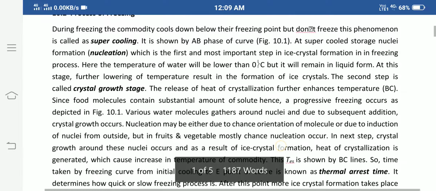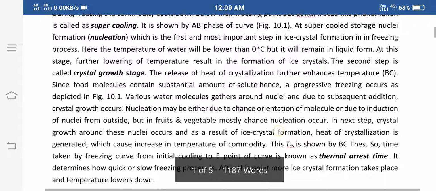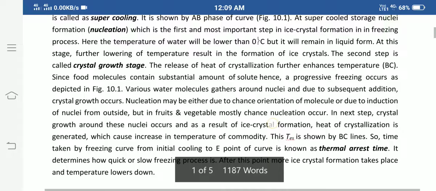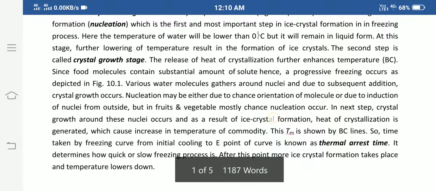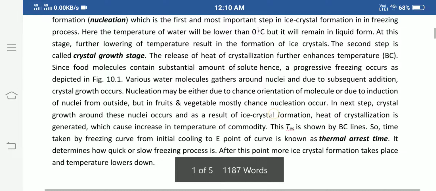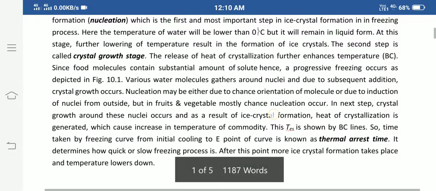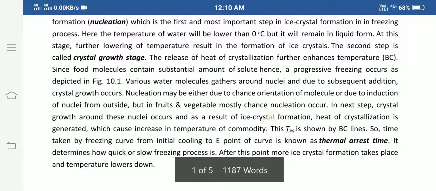Here the temperature of water will be lower than 0 degree centigrade, but it will remain in liquid form. Remember the supercooling phenomena. At this stage, further lowering of temperature results in the formation of ice crystals.